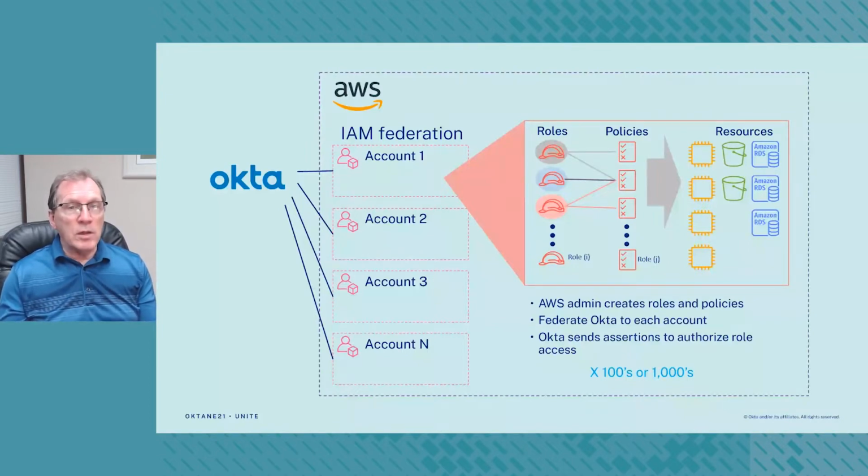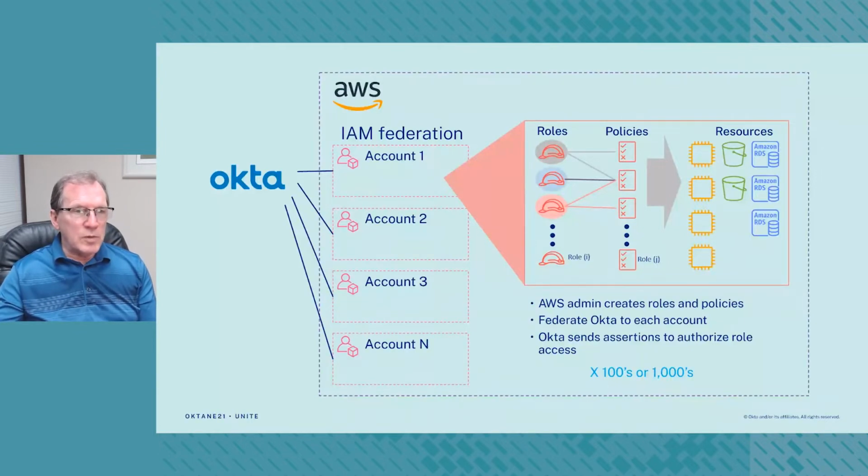So for a lot of our large customers, automation work is pretty important, and that can be a bit of a challenge. In addition, many of the customers have grown so much that it's difficult for them to even specify all the roles in the SAML assertions to tell AWS which roles a user can have while still staying within the SAML assertion size constraints.